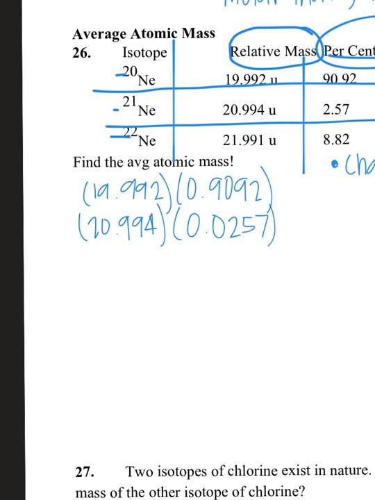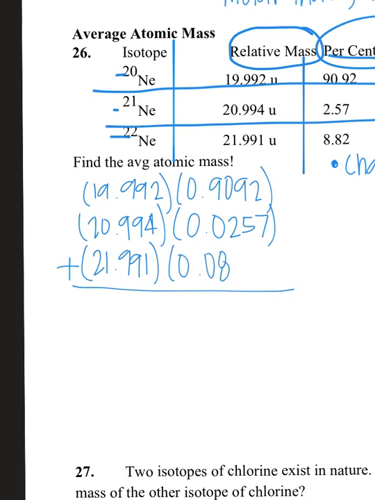These are multiplied by each other, so we multiply each one and then we add all of it together. So this is a plus sign. And this last one, we have 21.991 times 0.0882.